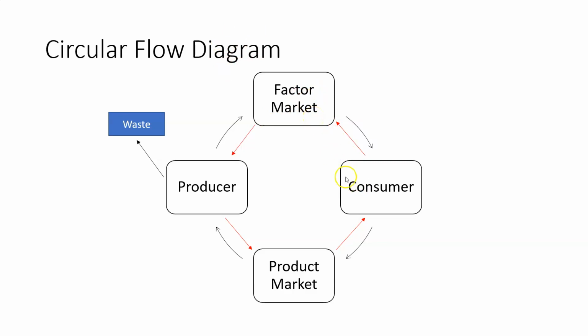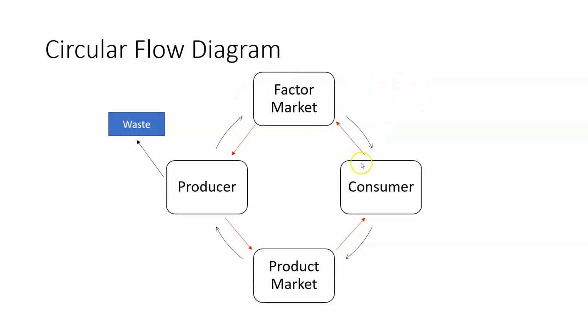Now, hopefully, when you are listing yourself as available for work, someone sees that and you meet a producer in the factor market. So as a consumer, you sell your ability to work, or you lend out money, or you rent out land, whatever factor it is you're trying to sell. But let's stick with labor.